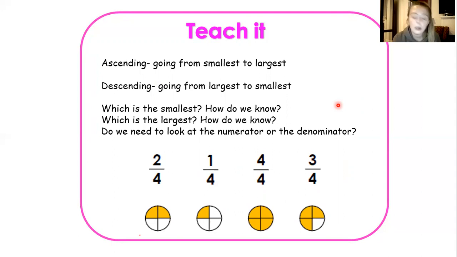Now, when we were looking at fractions with the same denominator, you remember it was back in Monday's lesson. So when the denominator is all the same, it means that those fractions, those wholes, have been split into the same amount of equal parts. And we discovered that if the numerator was larger, the fraction was larger, wasn't it?